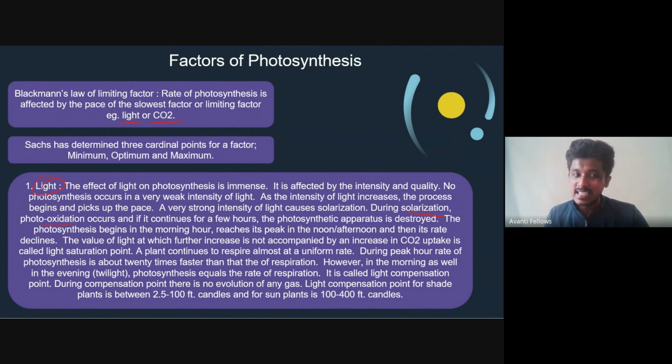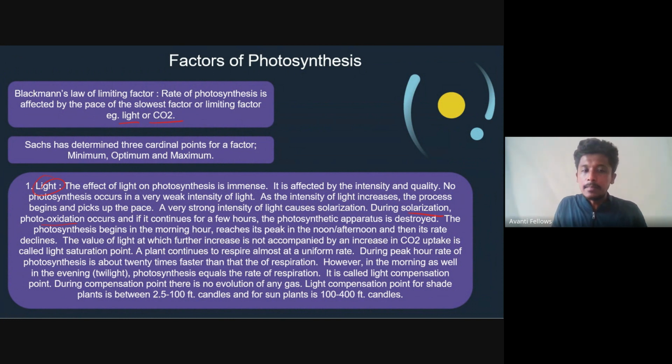At very intense light, the gas exchange is reduced because of excess heat. The stomata get closed. When the stomata get closed, the gas exchange reduces, carbon dioxide exchange reduces. When the carbon dioxide exchange reduces, obviously the photosynthesis is also reduced. Correct, right? So that is why the exact exposure to the light is very, very important.